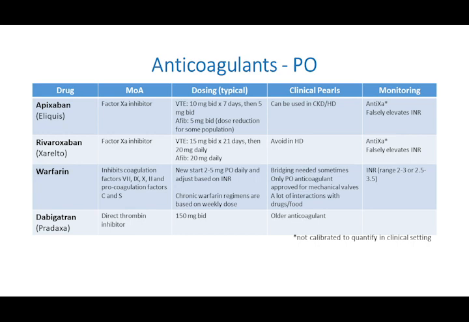In the outpatient setting, chronic warfarin regimens are usually titrated based off of total weekly dosing. And like I mentioned before, sometimes we need to bridge a patient on warfarin with Lovenox or heparin, so basically a parenteral agent, before they get to therapeutic INR.